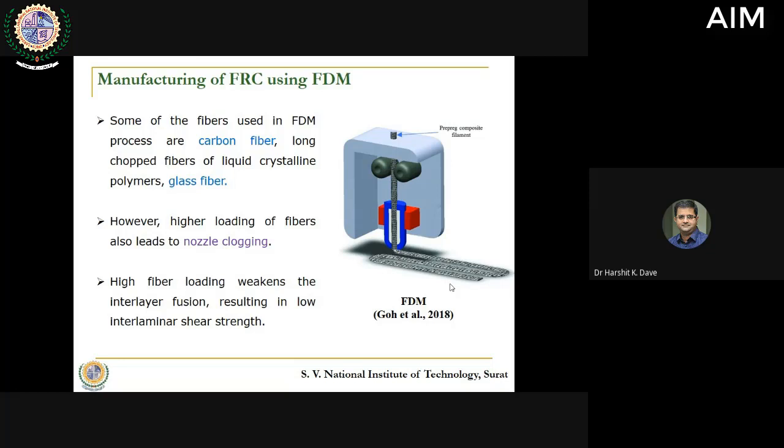However, depending on the type of polymer and the type of fiber, we may have to work on the proportion, and this also can vary from machine to machine. So sometimes the proportion that we find optimum and effective for one machine may not work for another machine.